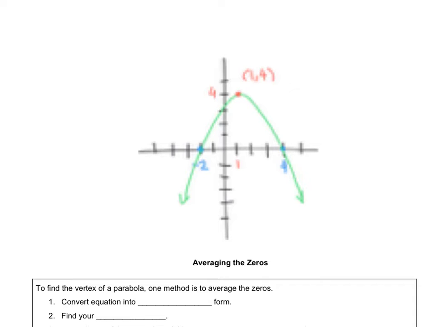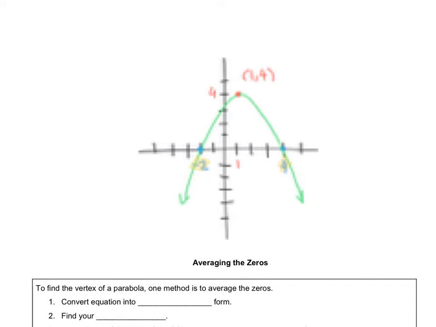So I have a parabola here, and the x-intercepts are at -2 and +4, and the vertex is at (1, 4). Now, in averaging the zeros, we rely on our knowledge of the zeros, which are -2 and 4.